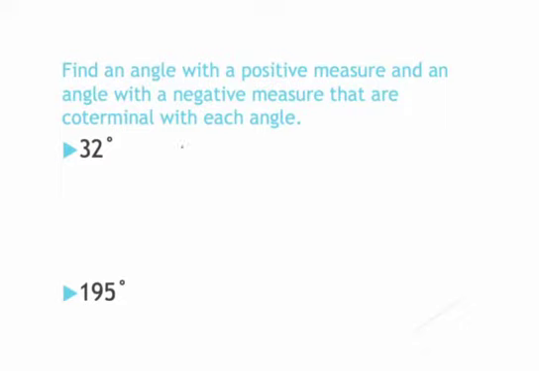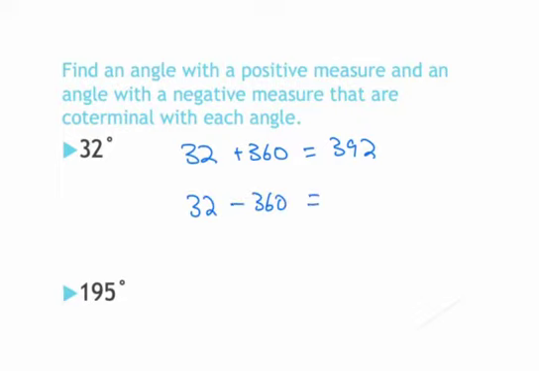So I'm going to take 32, I'm going to add 360, and that's 392. Right, so that is my positive measure, and then for the negative measure, that is going to get me minus 328. Now, if for some reason you're working one of these and you don't get to negative, you can keep subtracting 360 again and again.